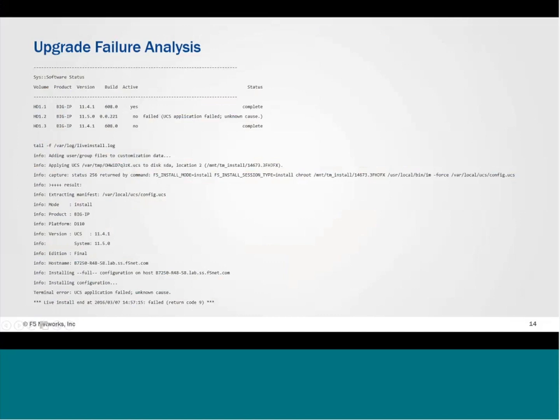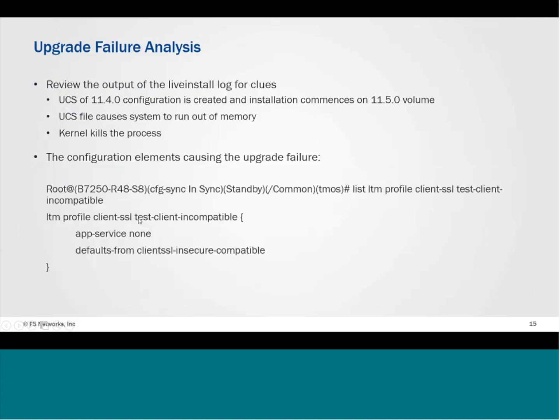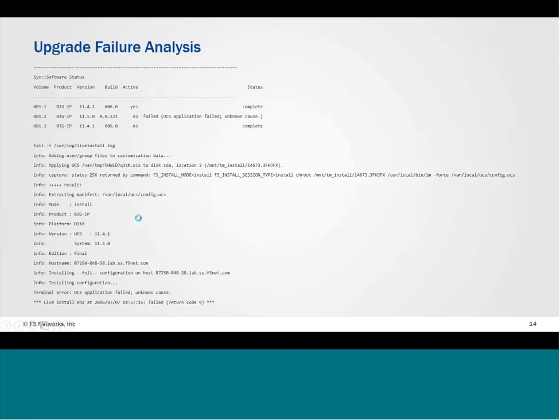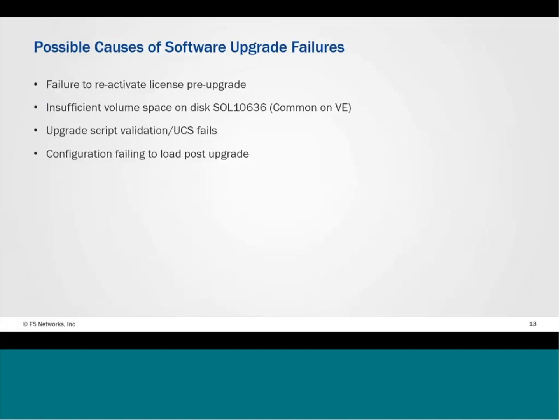For brevity, I've just included a part of the output we've seen from the TMSH show sys software command and the live install command output. So the reason why this failed is what's documented. I'm going to take you a couple of steps back.